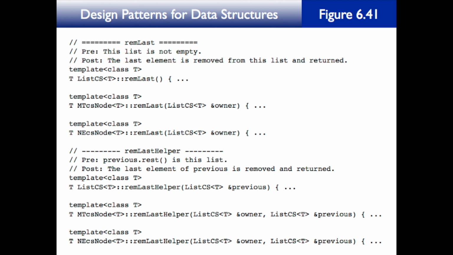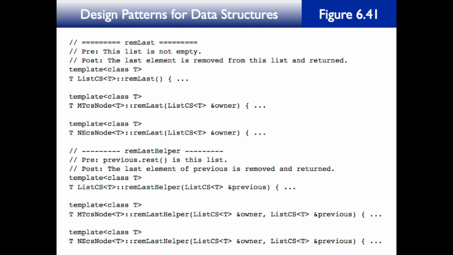The precondition for remLast is that this list is not empty. So if you try to remove the last element from an empty list, that should be a precondition violation. And then the postcondition is that the last element is removed from this list and returned. So notice that remLast returns of type T.